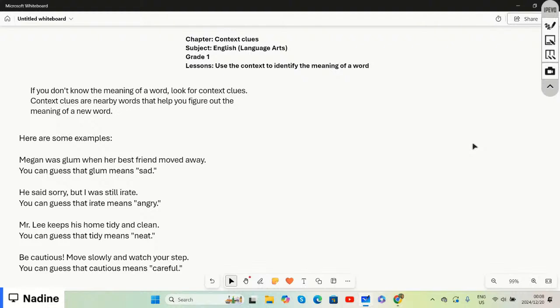Context clues are nearby words that will help you to figure out the meaning of a word. So let's say, for example, we have a sentence and you don't even know the meaning of the word, then you can look at nearby words, which will help you to figure out the meaning of a specific word.